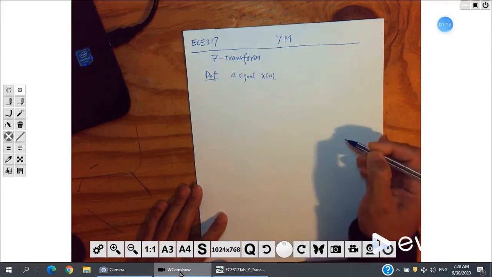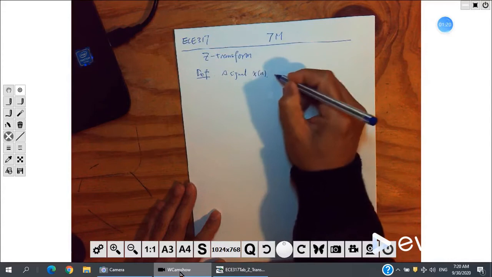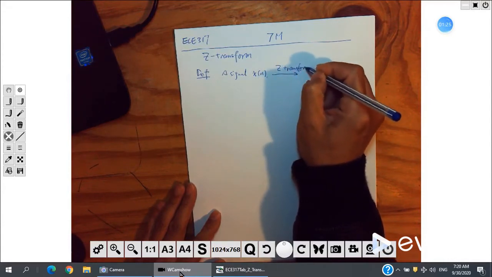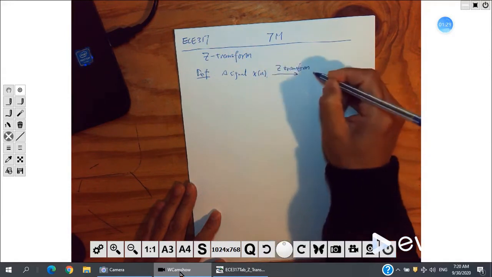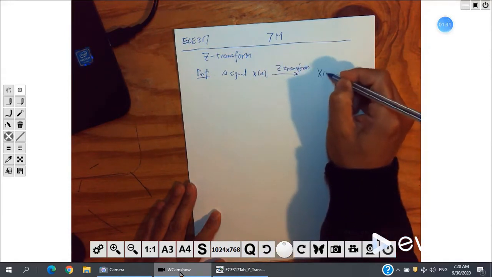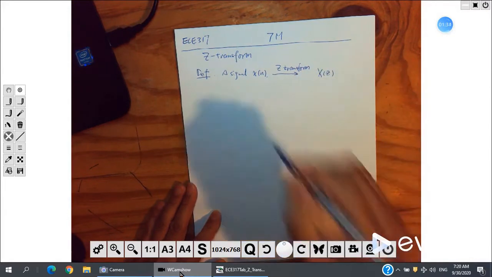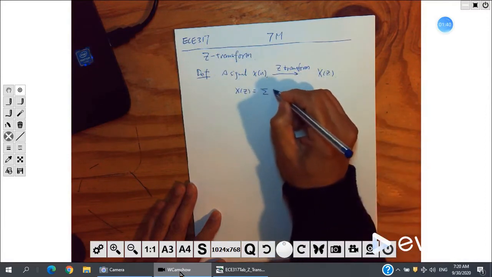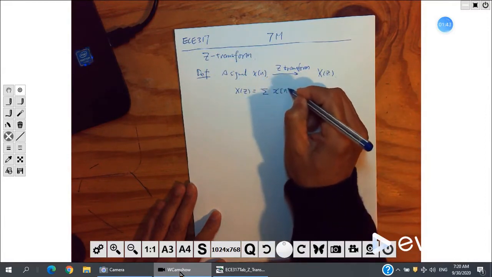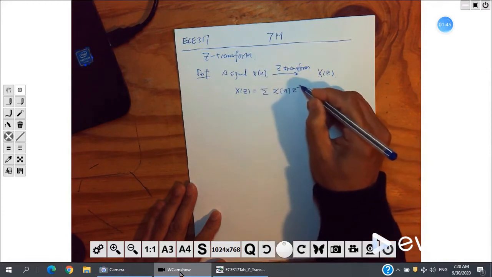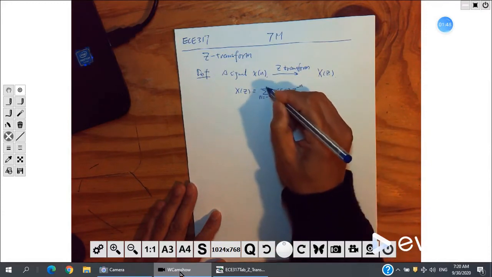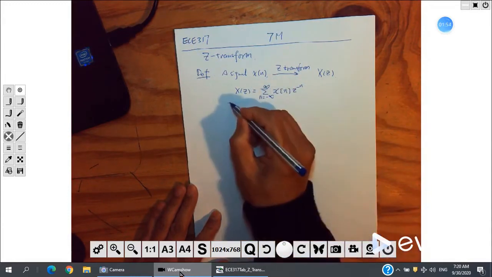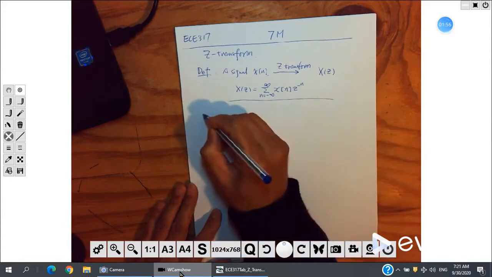Then we perform Z transform, and we will have capital X of Z, where this capital X of Z equals the summation of all of these x of n times z to negative n. Okay, so this is the definition of Z transform.